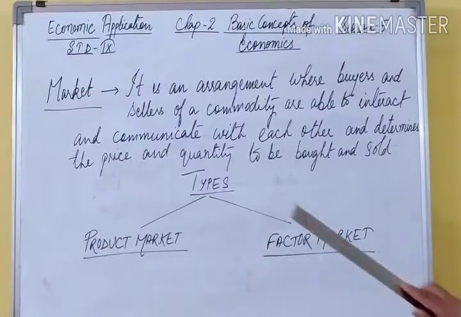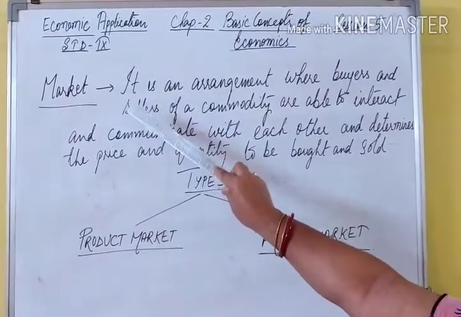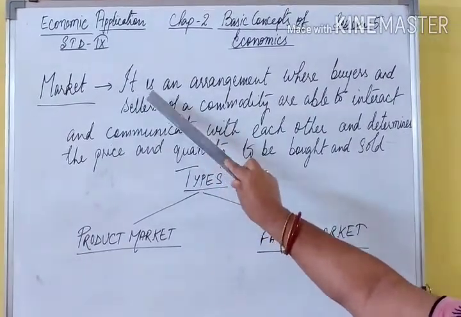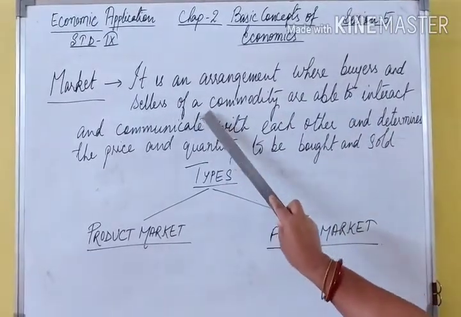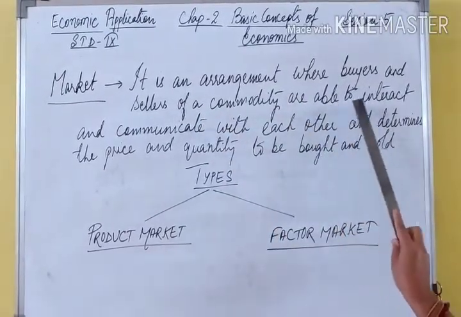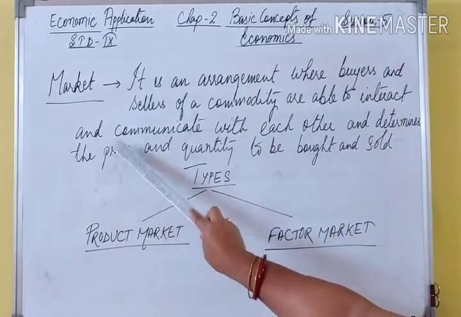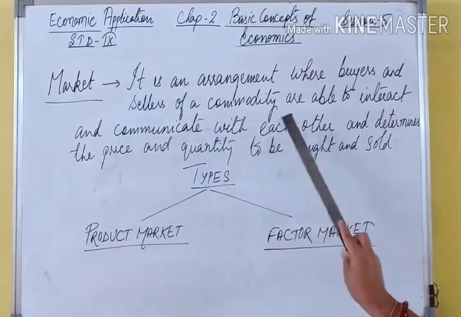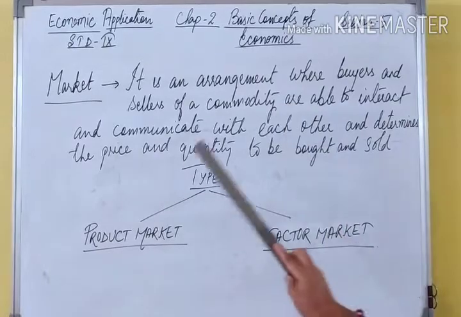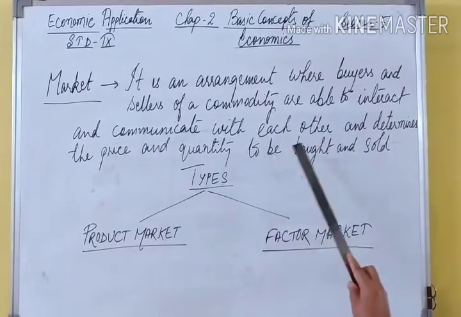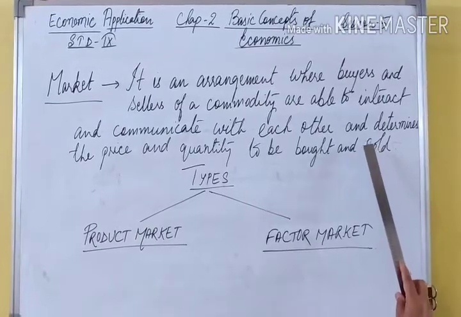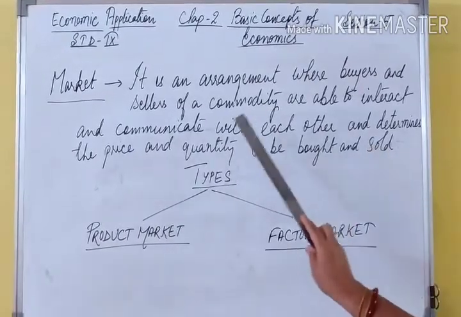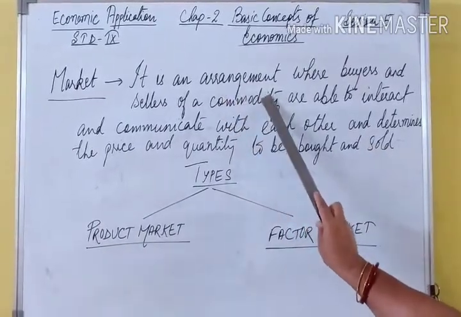Next I move on to market. What is market? Market is an arrangement where buyers and sellers of a commodity are able to interact and communicate with each other and determine the price and quantity to be bought and sold. So once again I repeat, what is market? It is an arrangement.